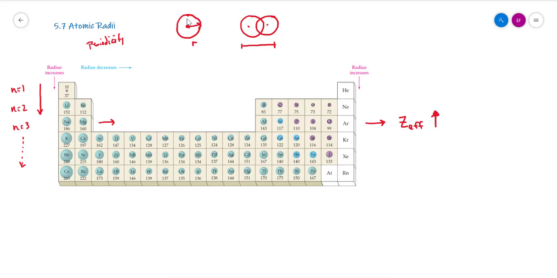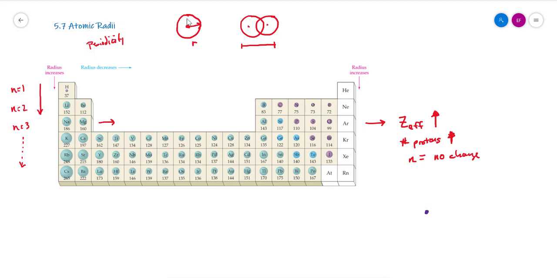And the reason it gets bigger is because the number of these protons is going up, but the actual shell size, or the distance of those electrons from that nucleus, doesn't change. Right? So if you think about this from a perspective of, this is kind of hand wavy unless we did some math, but we don't do much math in this class.